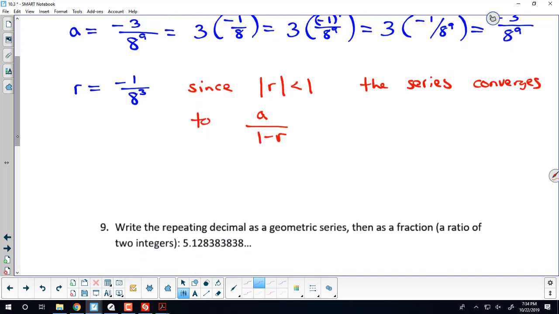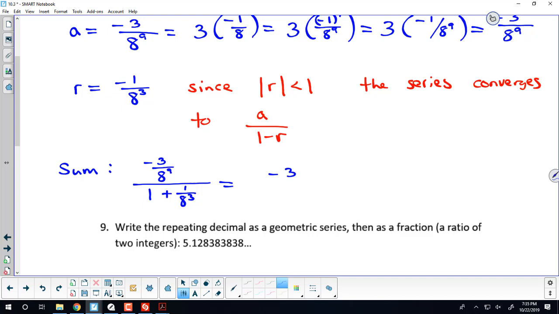Okay, so I'll just shorthand this. Our sum is a to the 9th all over 1 minus r. So it's a really small number. You can get that from your calculator. I would multiply through, just to get a cleaner version of that, multiply top and bottom by 8 to the 9th.